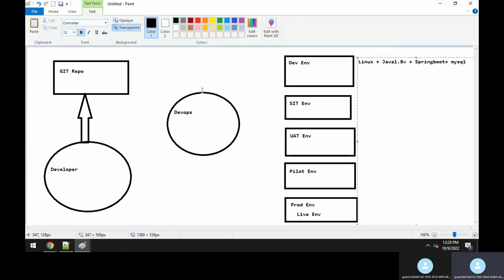All these are the software stack which we need along with the operating system. You need to install all of these in all these environments. So one of the tasks of DevOps is to set up the whole environment stack or software stack in each and every environment, so that this application can run under all these different environments.